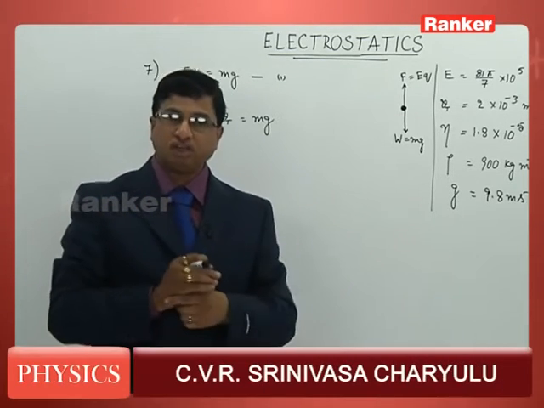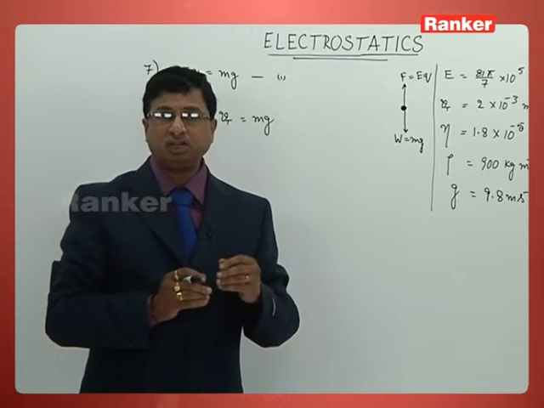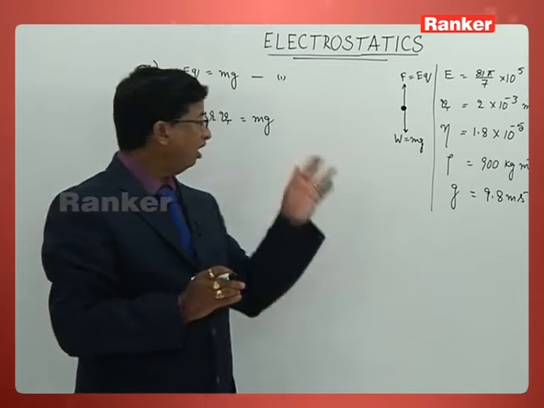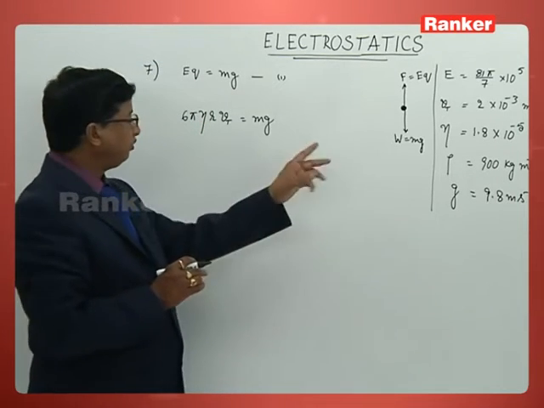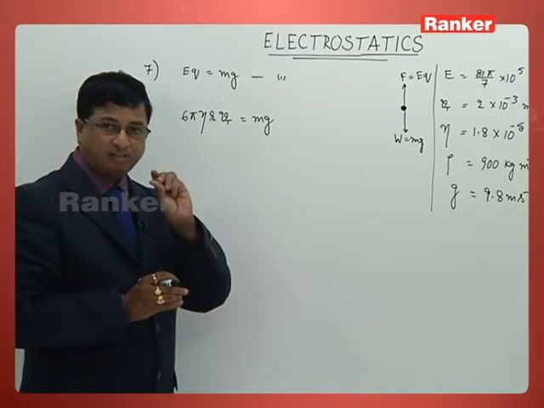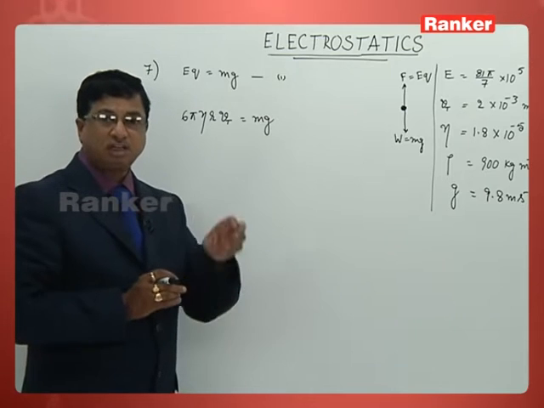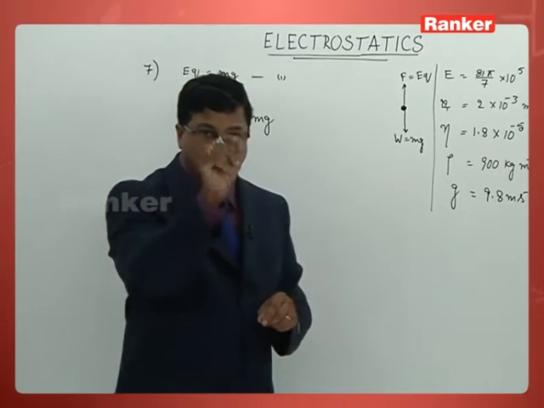In the viscosity chapter, we have discussed this, particularly in fluids. 6 pi eta r v. Here eta stands for coefficient of viscosity of air and r is the radius of that drop, and Vt gives us the terminal velocity with which that drop is now falling down.